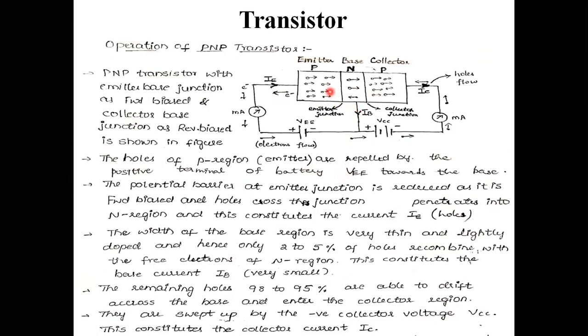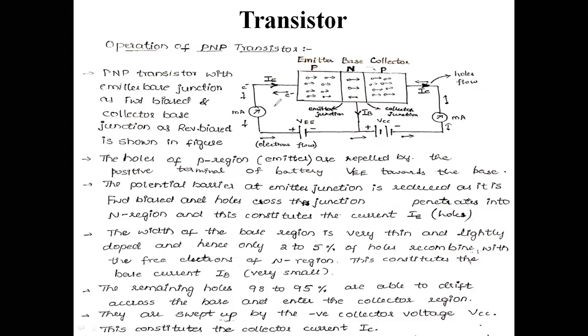In P-type semiconductor material, majority carriers are holes. In N-type, majority carriers are electrons, and in P-type, majority carriers are holes. Here, the P-type semiconductor material is connected to the positive terminal of the battery and N-type is connected to the negative terminal of the battery.